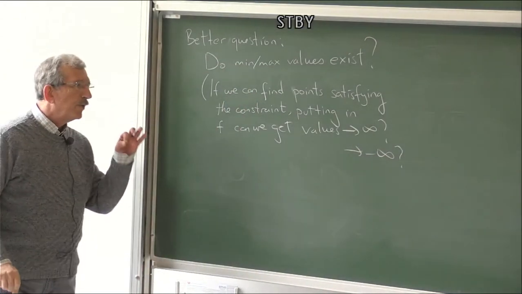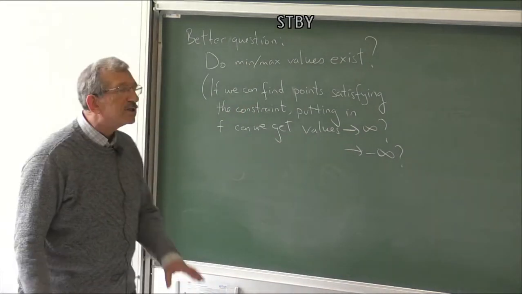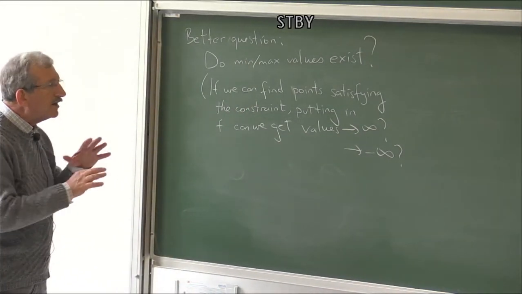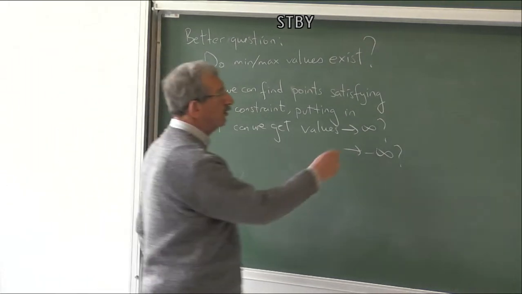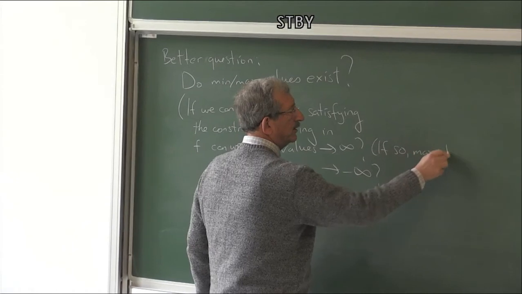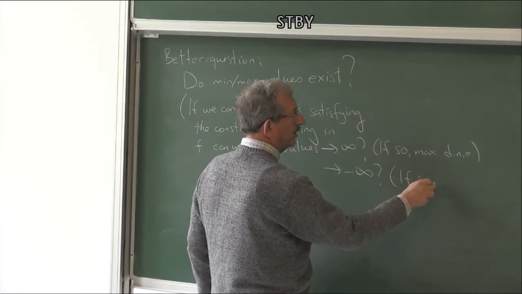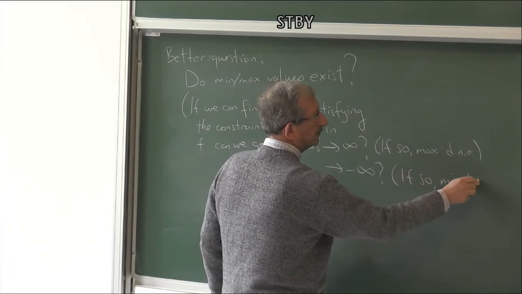Namely, if we can find such values which make the function go to infinity, it will say that the function does not have a maximum. So if so, maximum does not exist. And here, if so, minimum does not exist.